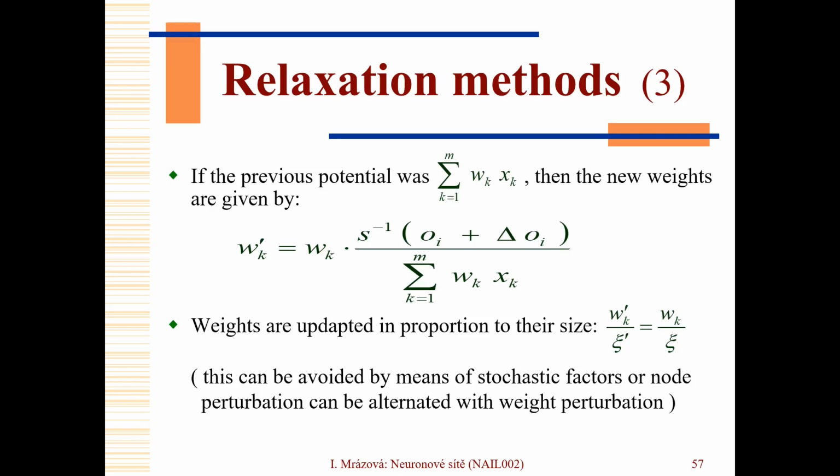Anyway, this proportion keeping can be avoided by introducing some stochastic factors or further node perturbations that can be alternated with the weight perturbations.